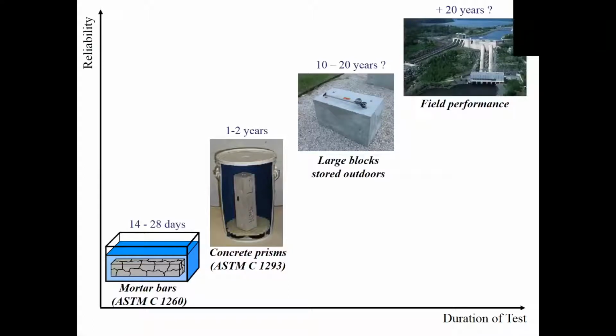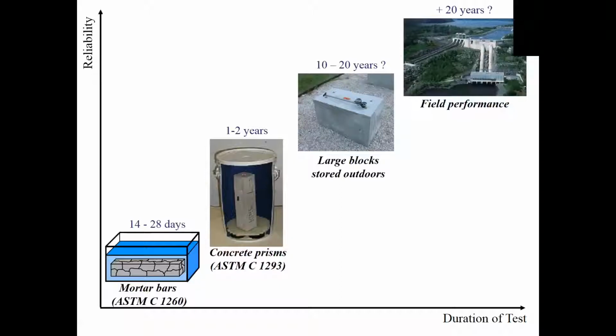This is a graph I'm sure a lot of people have seen. It's unfortunate that any increase in the reliability of a test also ends up increasing the duration of that test. The most reliable thing of all, of course, is field performance. But to really be sure about the field performance of a structure with ASR, we have to wait at least 20 years.